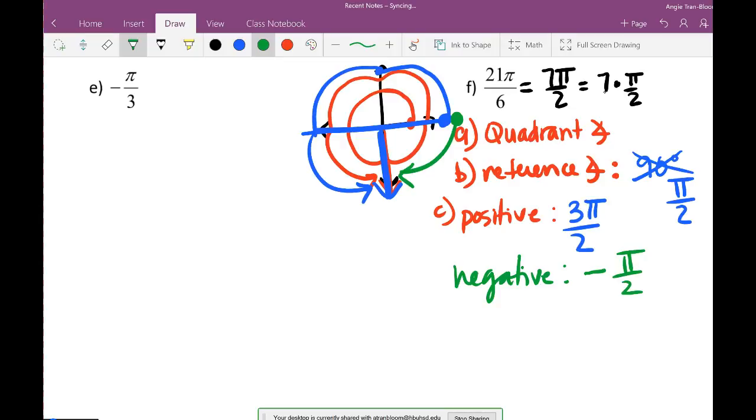In your teams, can you please complete letter E? And then I'm going to give this to one of us to draw it out, answer all the parts.